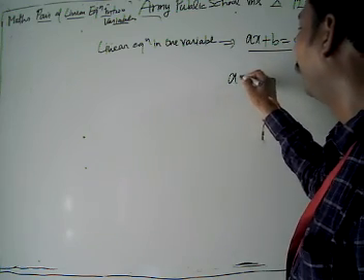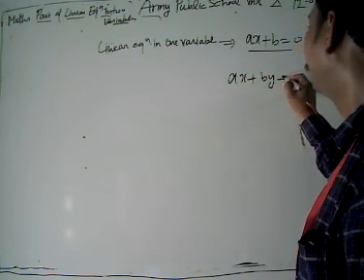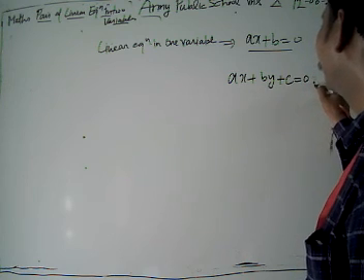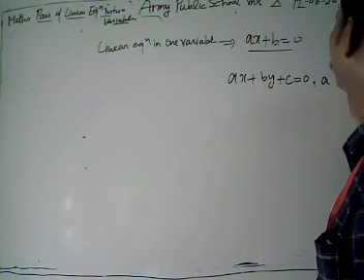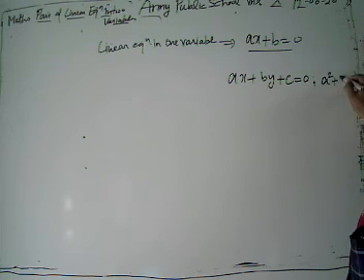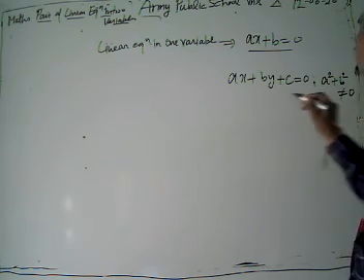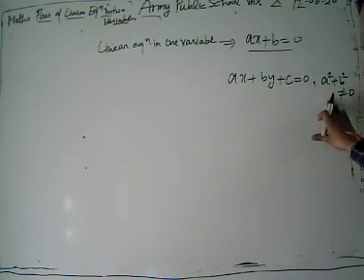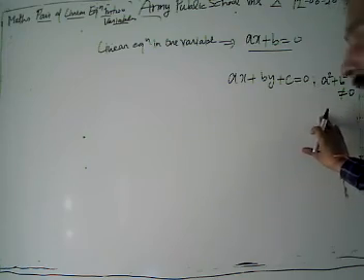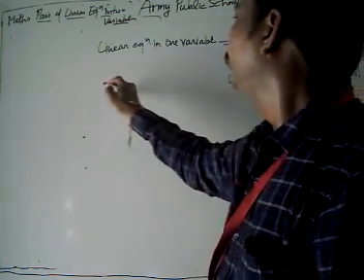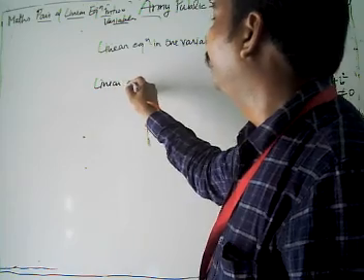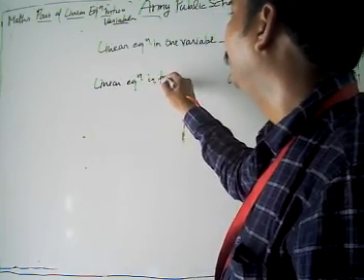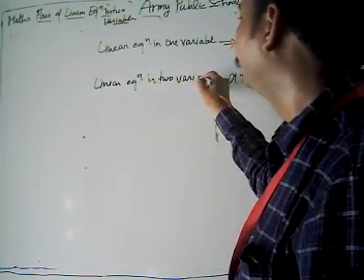An equation of the type ax plus by plus c equal to 0, with the condition that a square plus b square cannot be 0, meaning a and b cannot both be 0 simultaneously, is our linear equation in two variables.